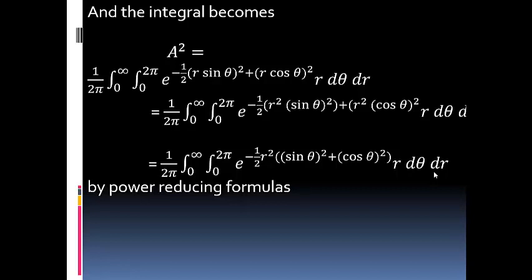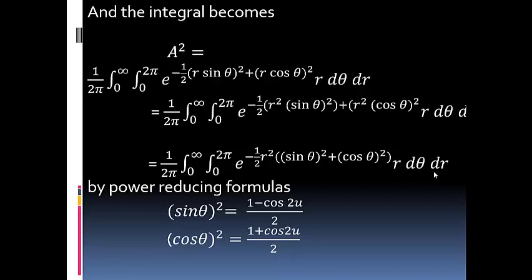By the power reducing formulas, we have sine squared theta equal to (1 minus cos 2 theta) over 2 and cos squared theta equal to (1 plus cos 2 theta) over 2. So we are going to substitute these values into the terms above.